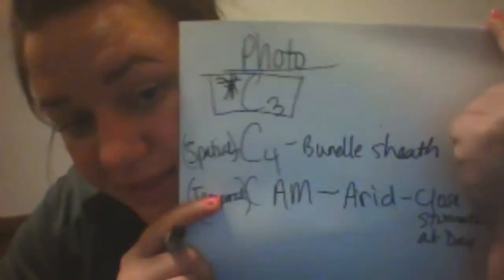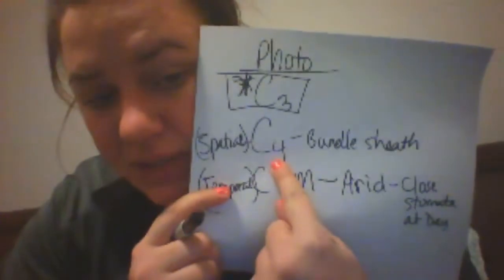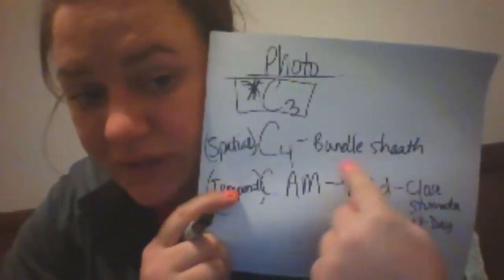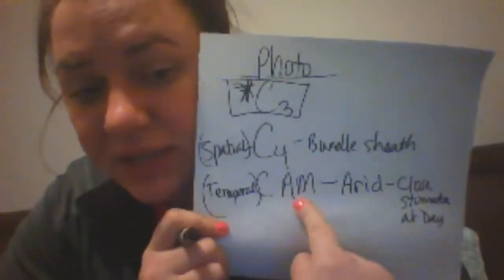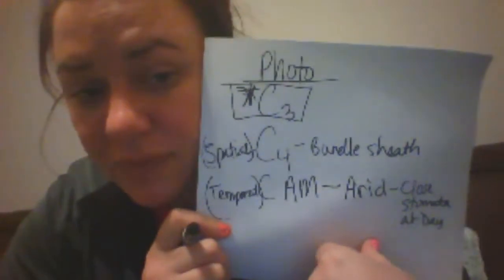Spatial separation in a C4 means that they use the bundle sheath. So three kinds of photosynthesis: C3, most common; C4 uses a separating space, so they use a different part of the cells; CAM is time separated, closes stomata during the day.